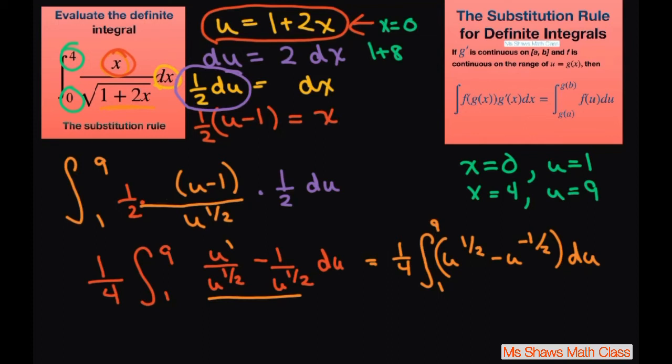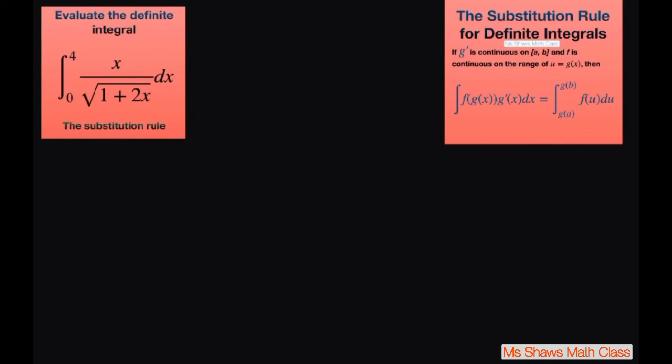Now we can go ahead and fix this up. So I'm going to go ahead and integrate this and evaluate. So we're going to get 1/4. And then I have u to the 3/2 divided by 3/2 minus u to the 1/2 divided by 1/2. And we're going from 1 to 9.